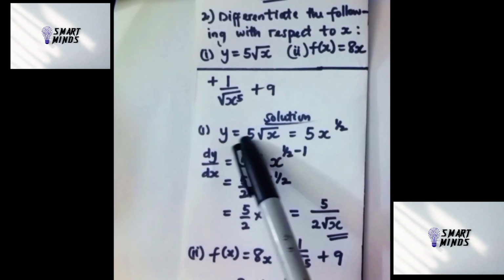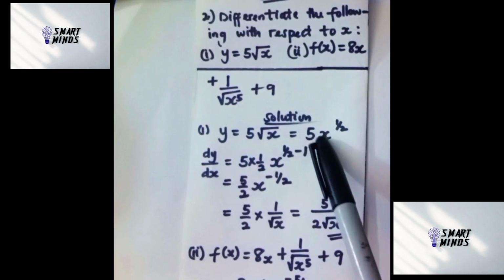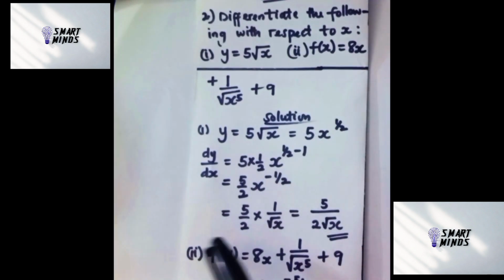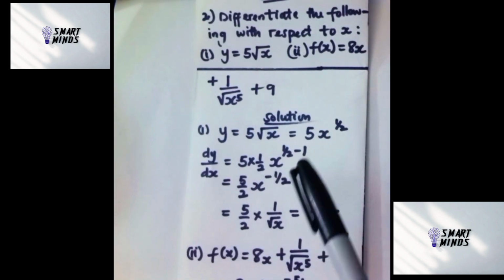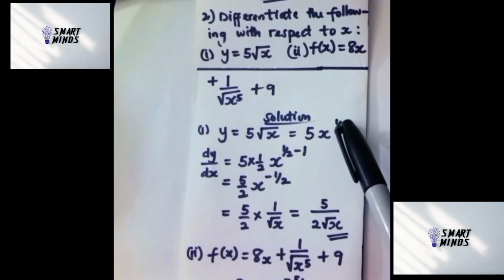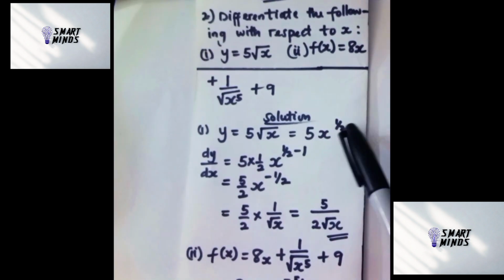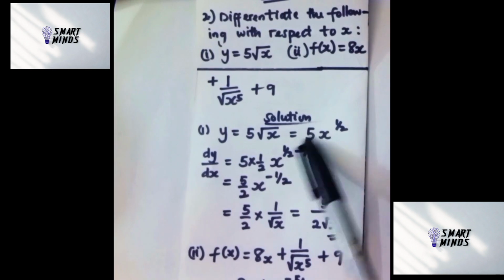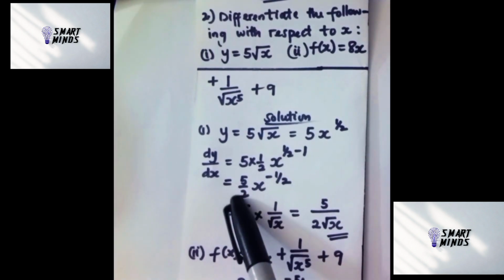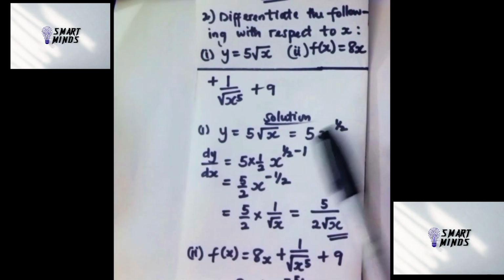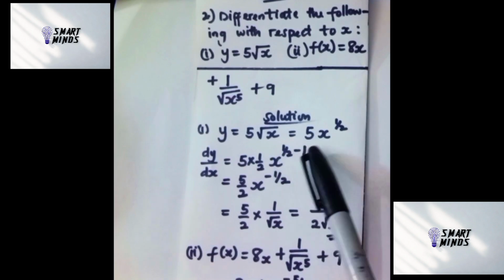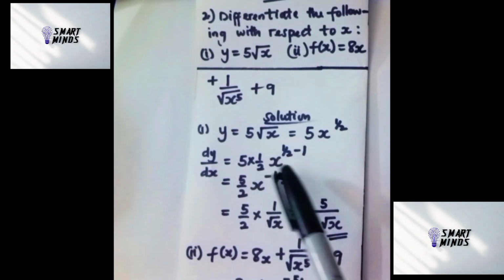All right, so by rewriting this expression, I have 5x raised to power 1 over 2. Now let's differentiate. The first thing we want to do is multiply the power by the coefficient 5. So half multiplied by coefficient 5 gives us 5 over 2. Then remember, you subtract 1 from the power. So half minus 1 gives us negative 1 over 2.